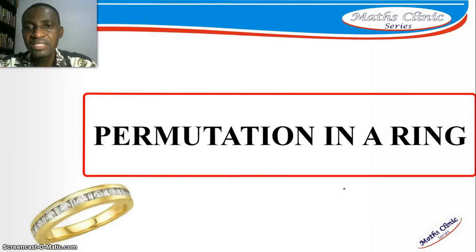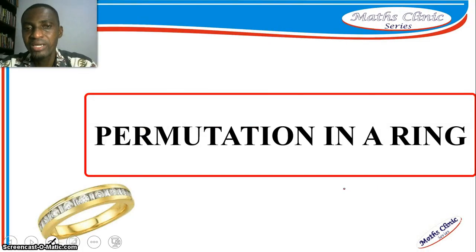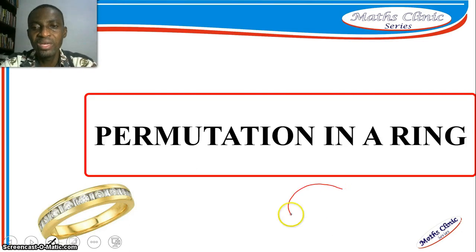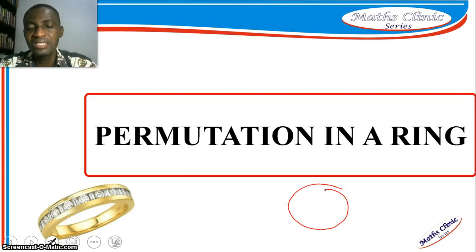Now let's take permutation in a ring very quickly. This is almost the same as the cyclic, but in a ring, because a ring has both sides, no matter how you position it, it's a solid figure, so it will be positioned one way at one side, and when you turn it, it can also be a different arrangement.